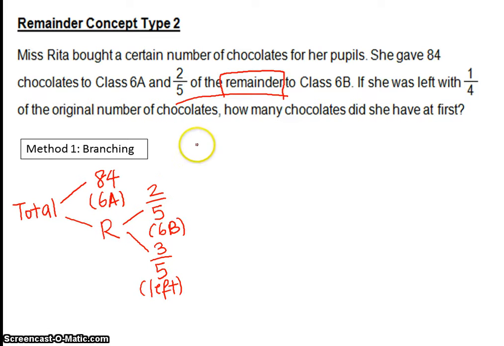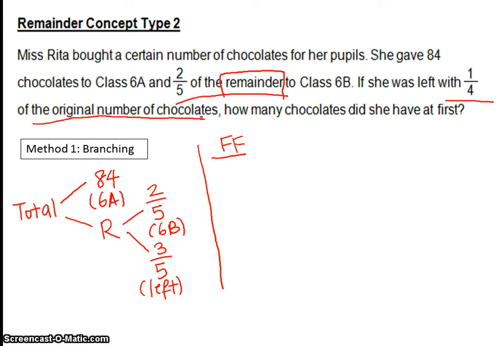Now as usual, we need to work out our final fraction. Something to take note over here. It was mentioned that she was left with 1/4 of the original number of chocolates. My question to you is, what is the set for 1/4?